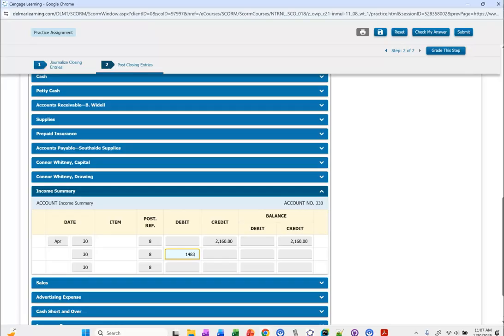So what is still going to be left in this account is some credit, right? Because those two are canceling each other out. So my credit here will be the difference between 2160 and 1483, which should be 667 or 677. But I'm going to type it in anyway, just as a double check. So that is 677. And then I have one more debit of 677. That was the last income summary line, which leaves how much in my account at the end of the month? 0.